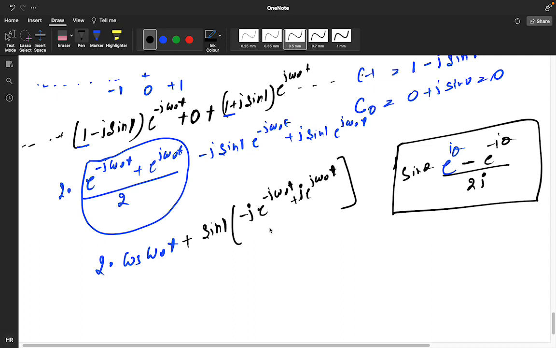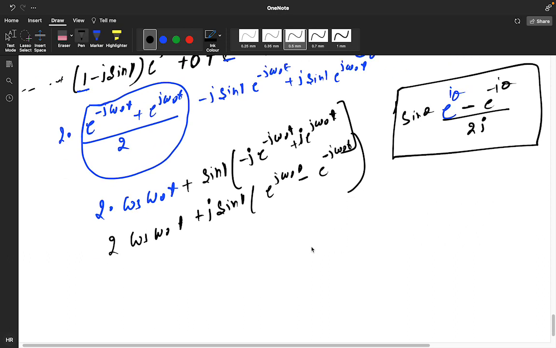So what we can do, we need to make it like this: e power i theta minus e power minus i theta. So if we take j as a common, simply j, so j sine 1, we are getting e power j omega naught t, I am writing this side, and e power minus j omega naught t. Correct? Up to here it is correct.